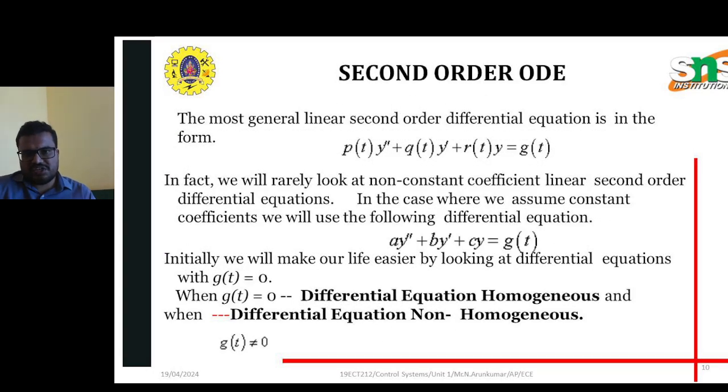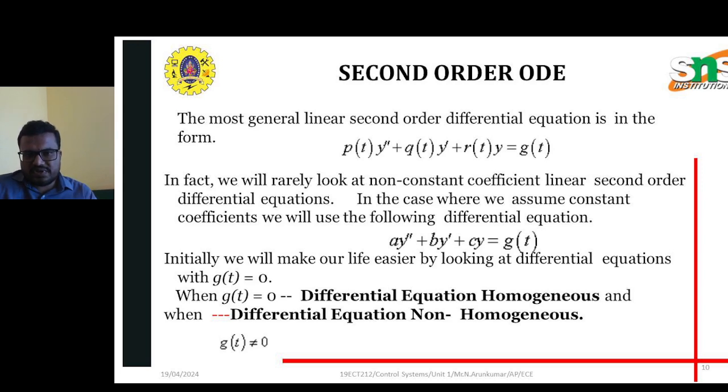Second order differential equations. The name itself tells us it is second order, because the equation has a second order. It has to be followed by p of t into y double dash plus q of t into y dash plus r of t into y equal to g of t. So the differential equation in the form of control system can be written as a y double dash plus b y single dash plus c y equal to g of t.